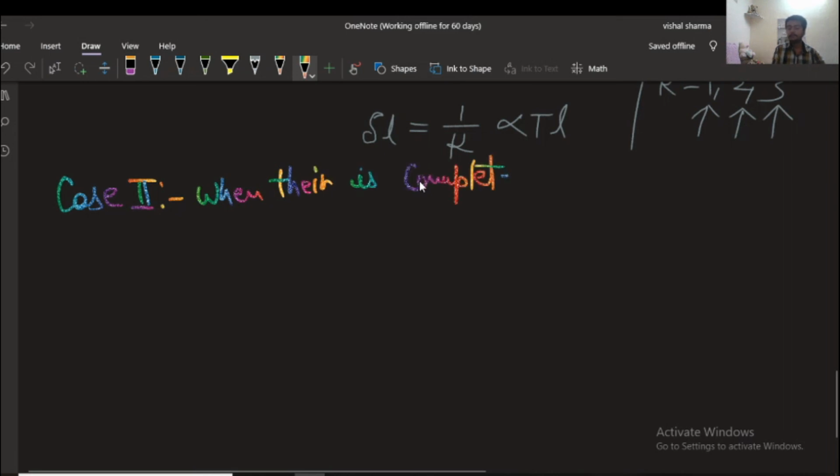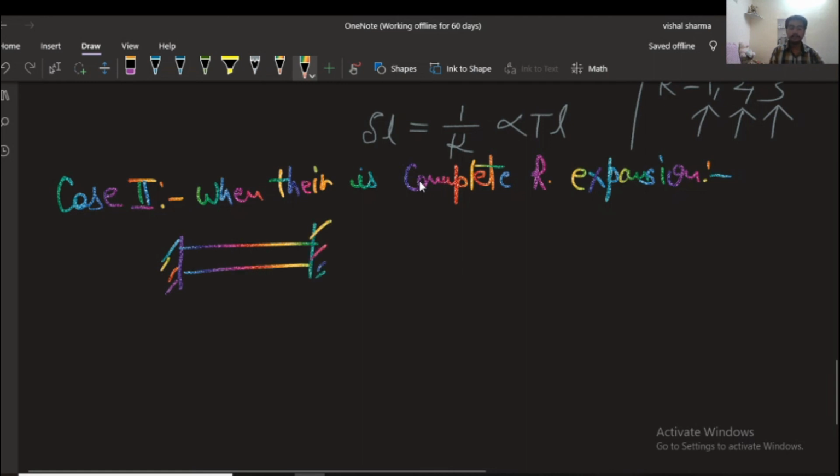So in this situation, a bar is fixed between two rigid walls, and the material has Young's modulus of elasticity E, and the coefficient of thermal expansion is alpha, and there is a temperature change of del T, and this beam is prismatic.